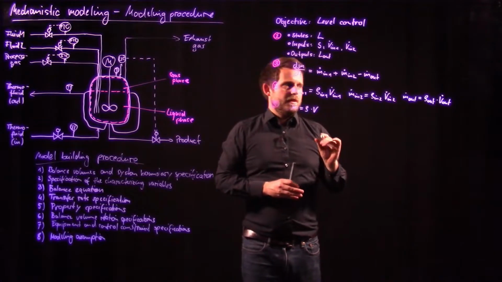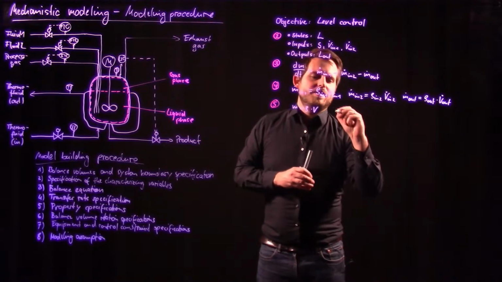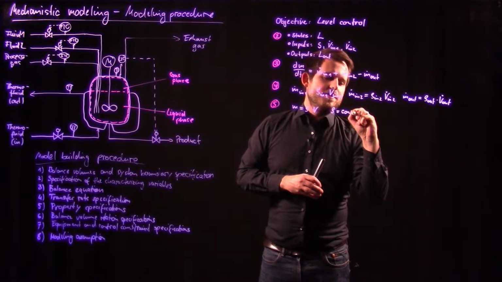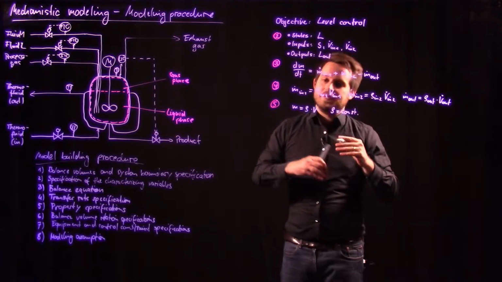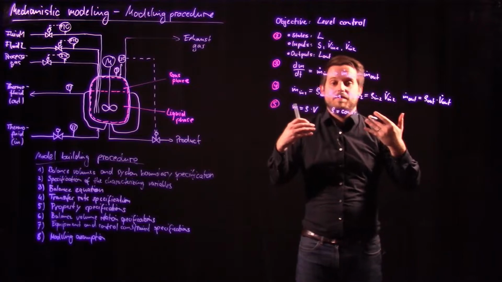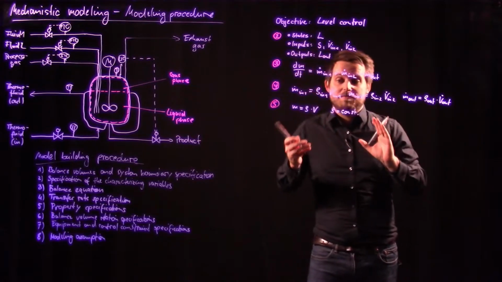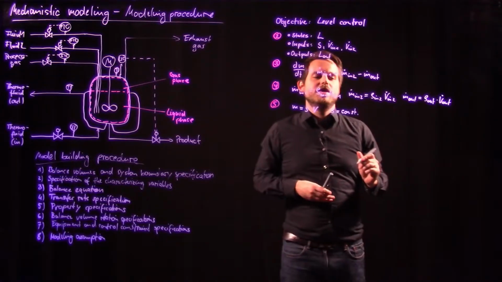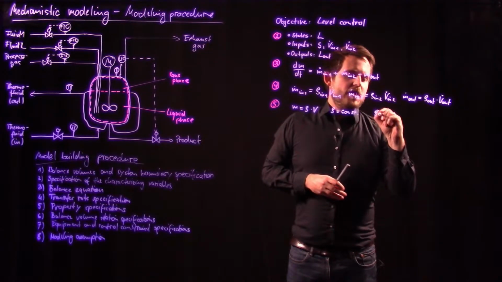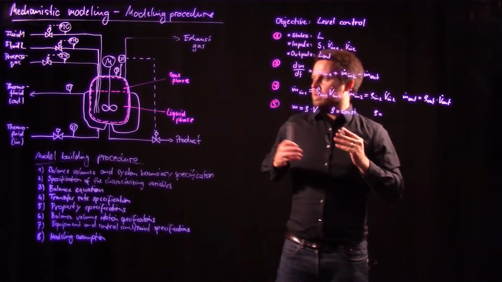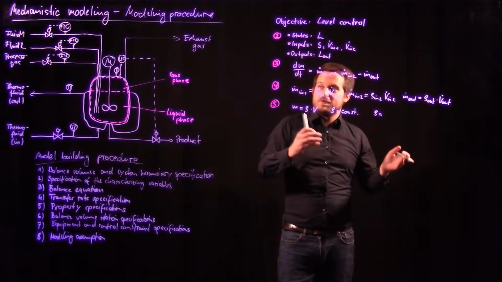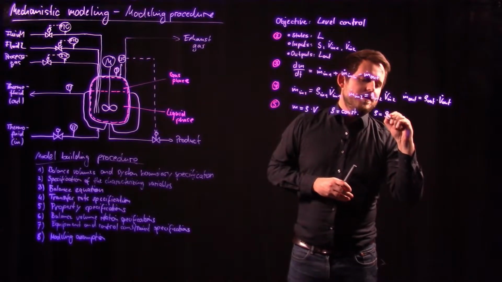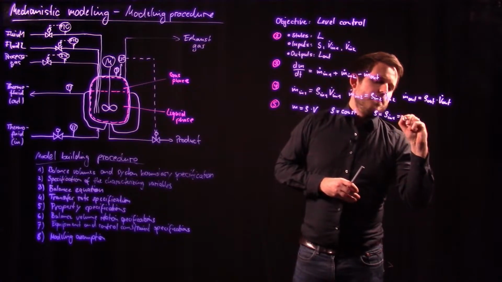Then we might also have the assumption that the density in the system is constant since the solvent is in excess, and maybe it's also not dependent on the temperature, or the temperature is almost constant. There are different reasons why you could assume that. And then you could maybe also say, for simplicity reasons or because you are using a solvent, that all the densities are equal.